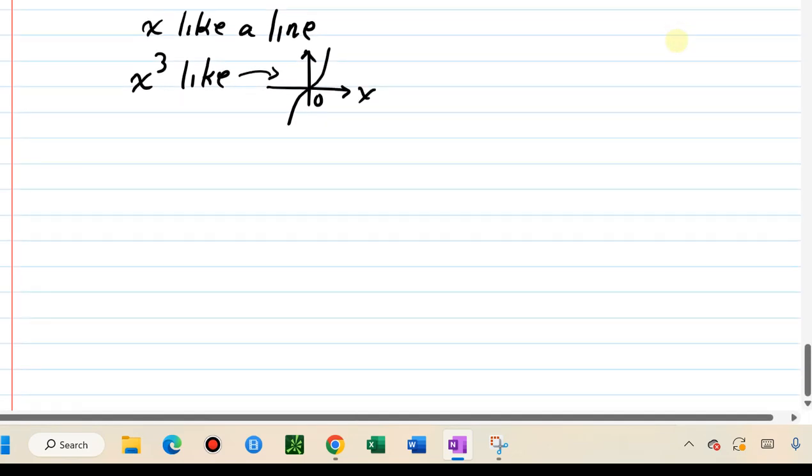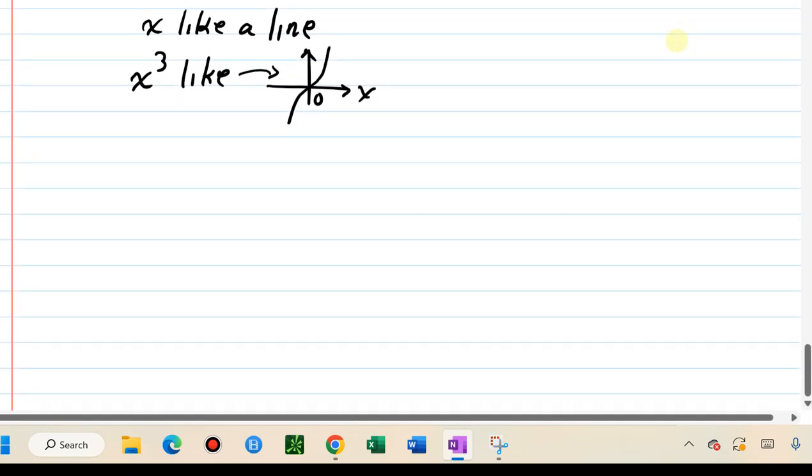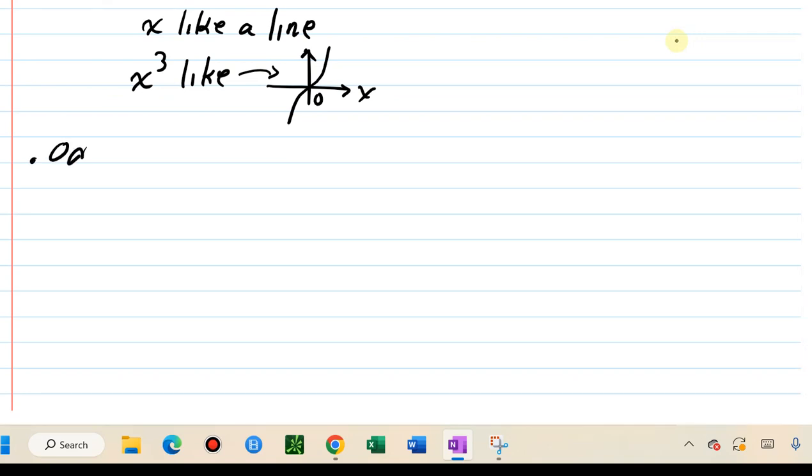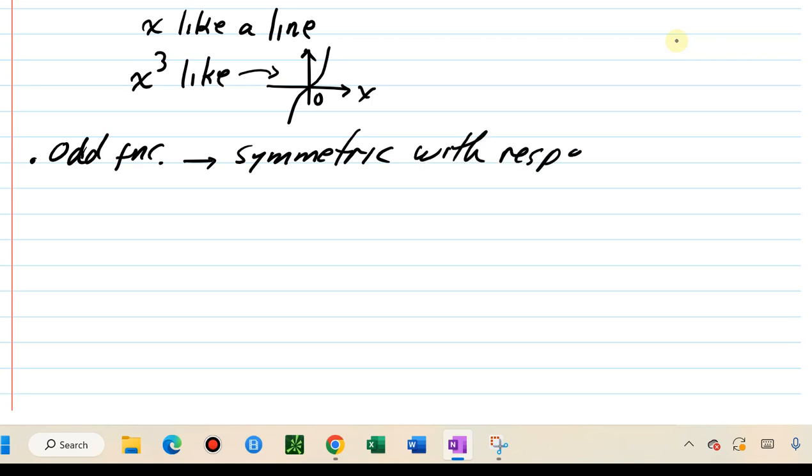And also, don't lose sight of symmetries. If the function is odd, an odd function will be symmetric with respect to the origin. Remember, with respect to a point.